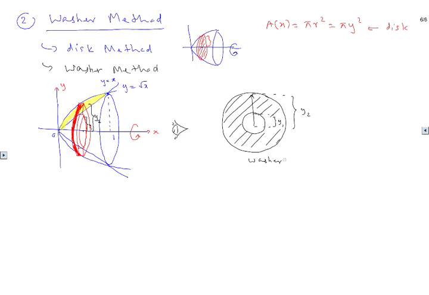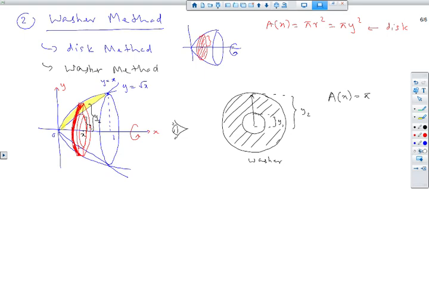So we can slightly modify our formula. If you look at the formula, the area at the x position is simply: you find the larger area, the outer one. So I'm going to write it like this instead.